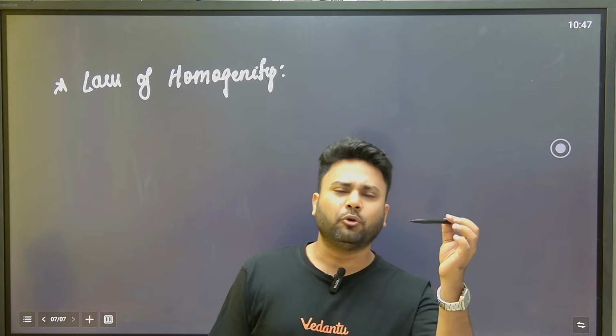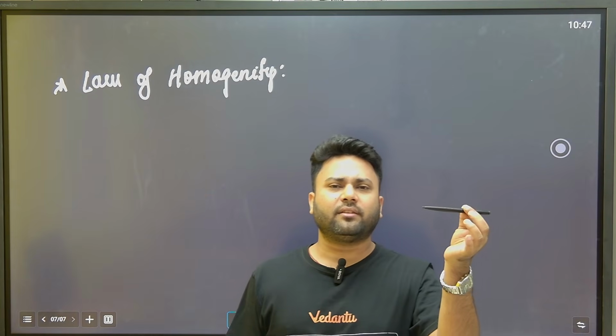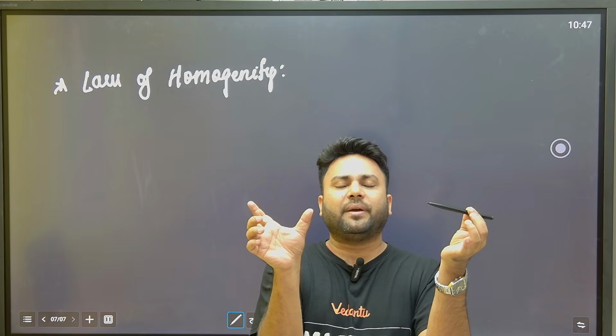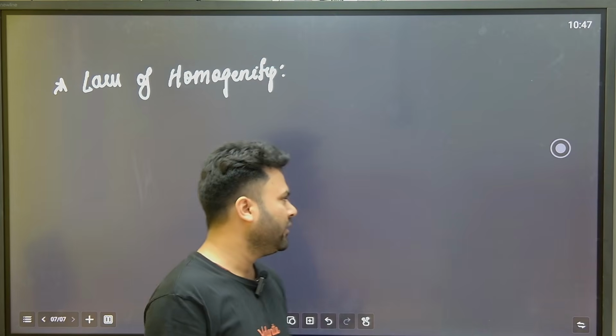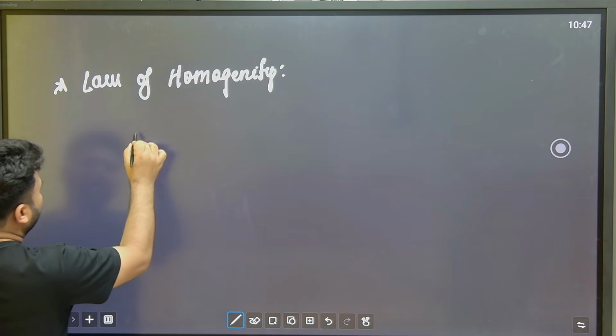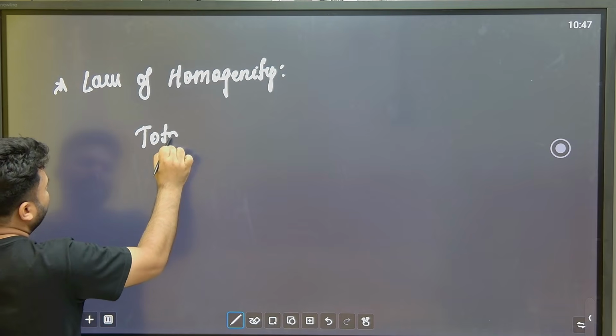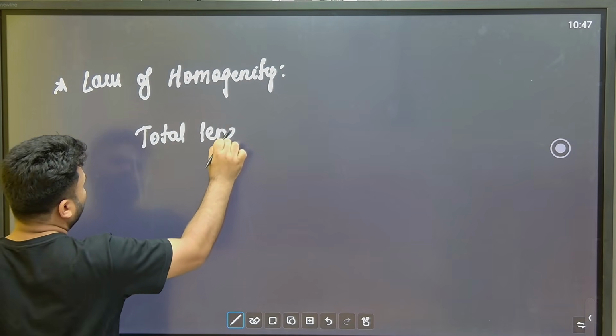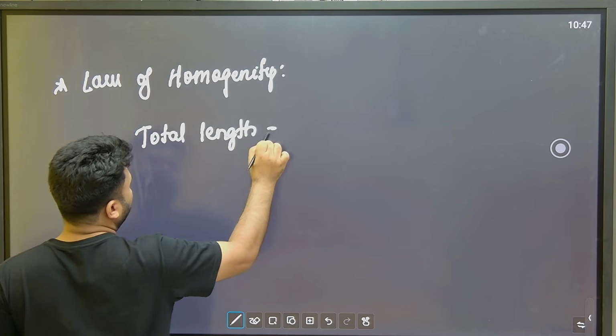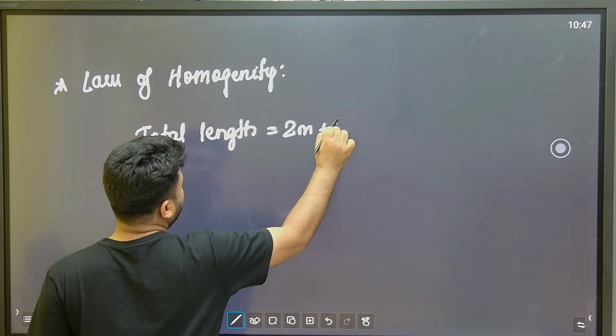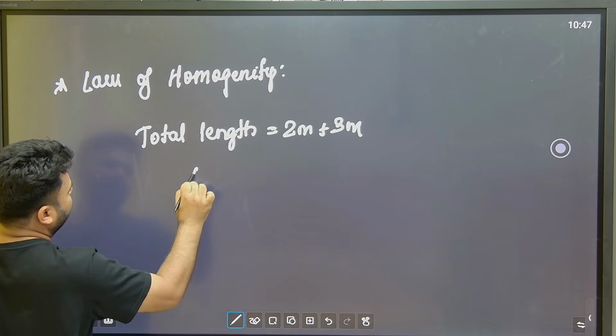Suppose I have 2 pens. This pen's length is 2 meter, for example, and the other pen's length is 3 meter. So if someone asks what is the total length, I will write 2 meter plus 3 meter. So finally we will get 5 meter.